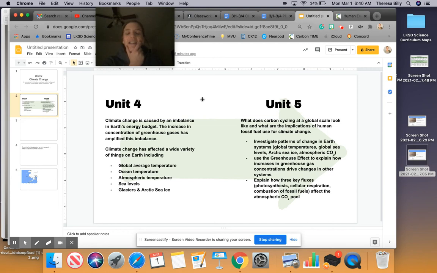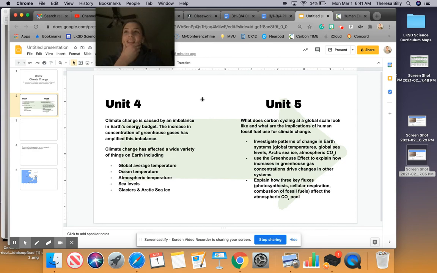We're going to spend a lot of time creating graphs, reading graphs, interpreting them, trying to make predictions from them. So a lot of that more mathy side of science that's still extremely important for science because that's what's driving our future investigations, right?